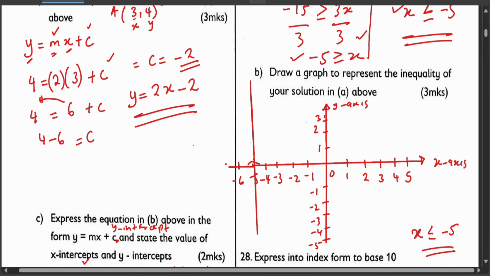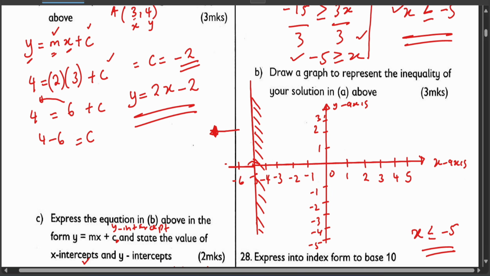So when you are told your x values are less or equal to -5, you look at the values below -5, which go this way, your direction goes to the left side. So you'll shade the parts which you don't want. Any values that are greater than -5 are the values that you don't want, so you shade that part and are just left with the parts that you want.